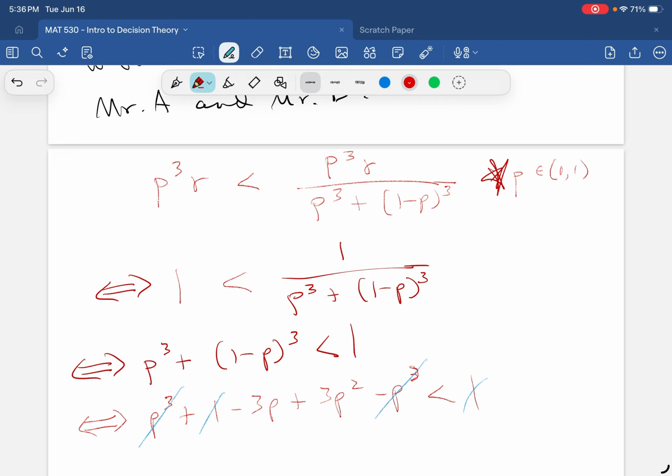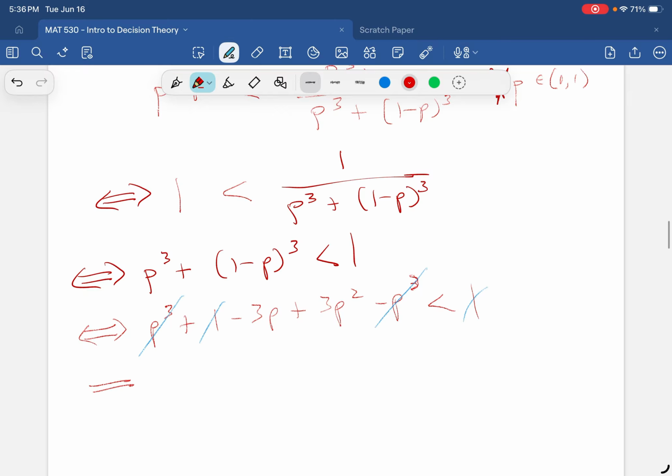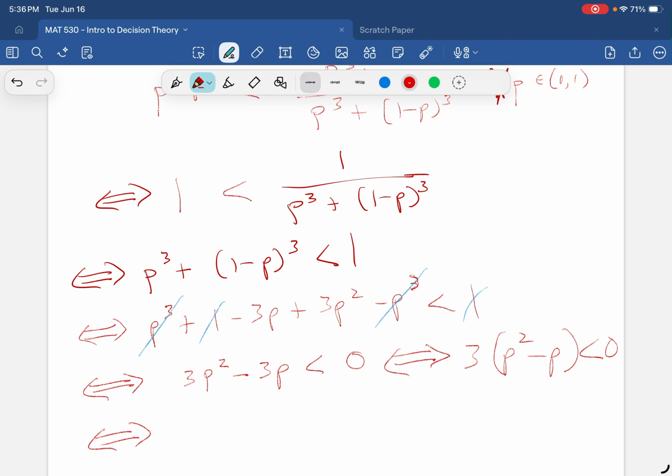Let's see, so we're left with 3P squared minus 3P less than 0, which is equivalent to 3 times P squared minus P less than 0. You can get rid of the 3.